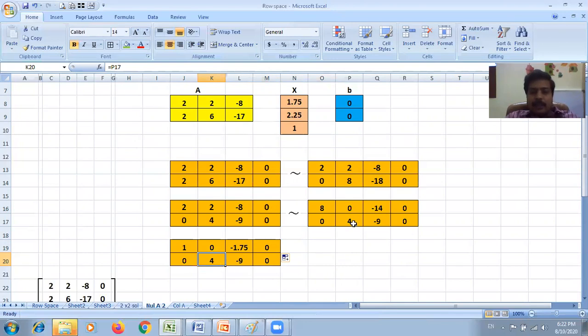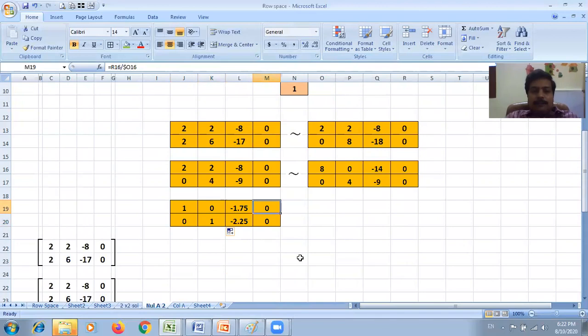So here I need to make it 1. For that I am dividing with this number. I am fixing this number by placing a dollar in the formula. So these are my values.